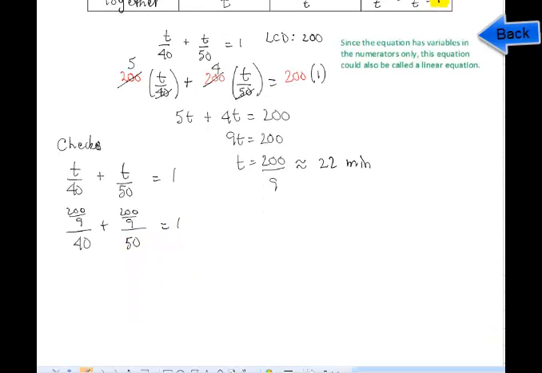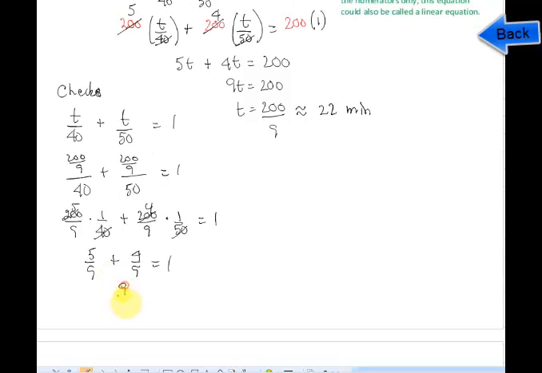Remember that when you divide fractions, you multiply by the reciprocal. 40 goes into 200 5 times, so that gives you 5 over 9 plus, 50 into 200 is 4 times, so 4 over 9. And 5 over 9 plus 4 over 9 is 9 over 9, so 1 equals 1, and we can show that left side equals right side.